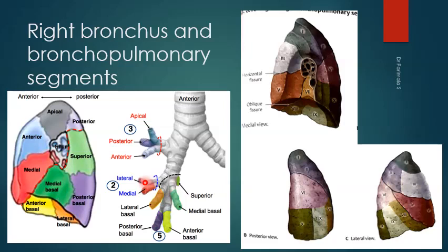The middle lobar bronchus is long. It is surrounded by a group of hilar lymph nodes which drain lymphatics from middle and lower lobes of the right lung. In this, if we see, this is the middle lobe and this is the upper lobe and this is the lower lobe.